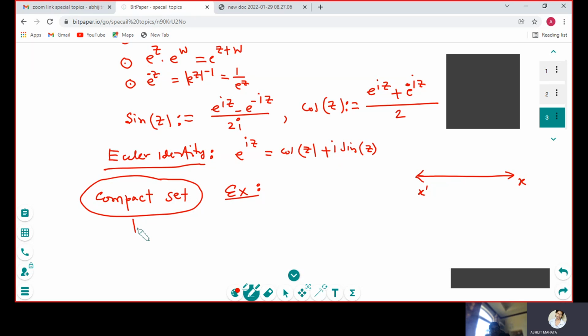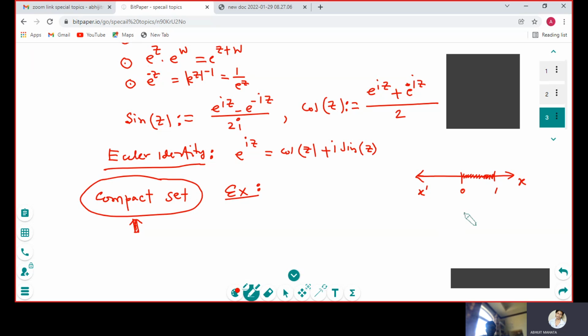This is a large topic, the compact set. No, he didn't tell us about this. Okay, let me try to explain. For example, you take the closed interval 0, 1: all the numbers between 0 and 1, including 0 and 1.